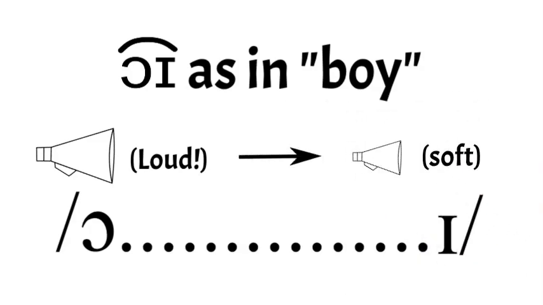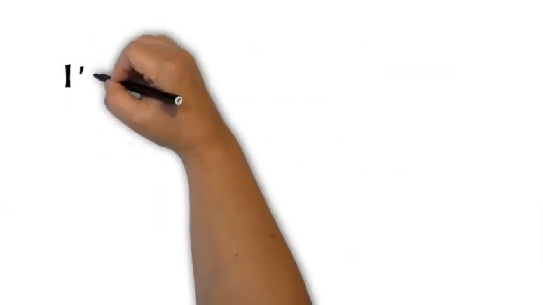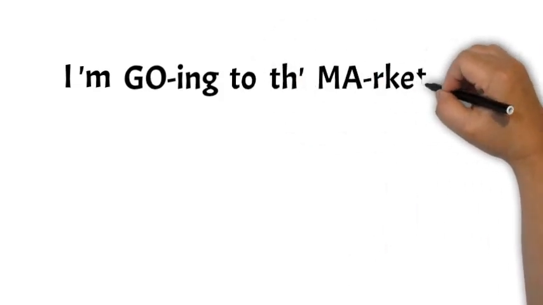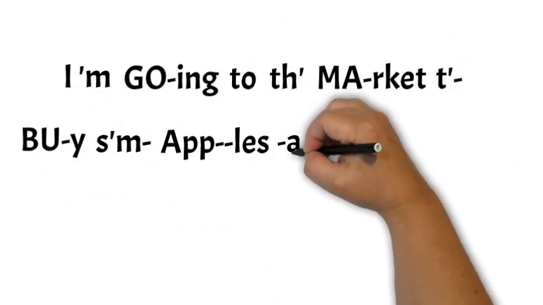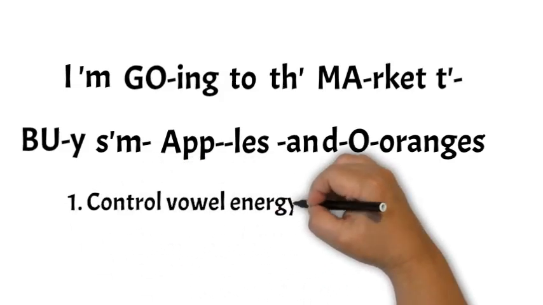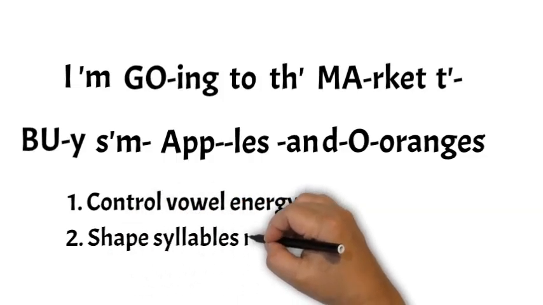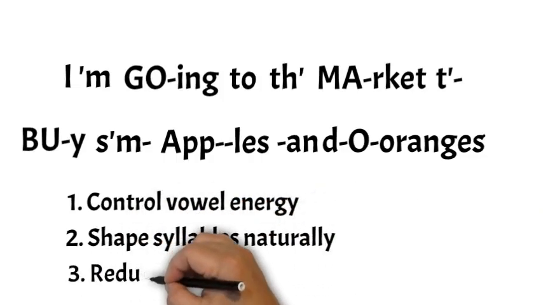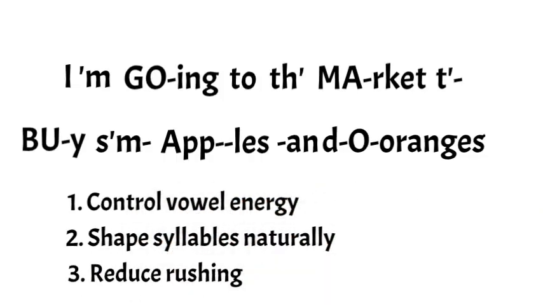Each of these diphthong categories interacts differently with timing, prominence, and vowel reduction, especially in connected speech. Recognizing these patterns helps us control vowel energy, shape syllables naturally, and reduce the feeling of rushing or overworking the sound.